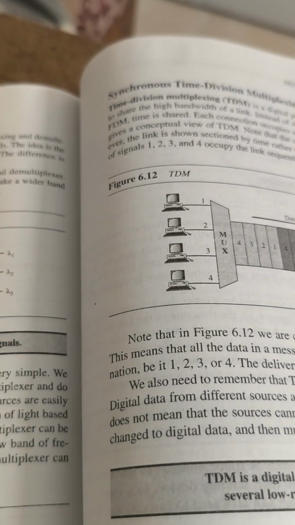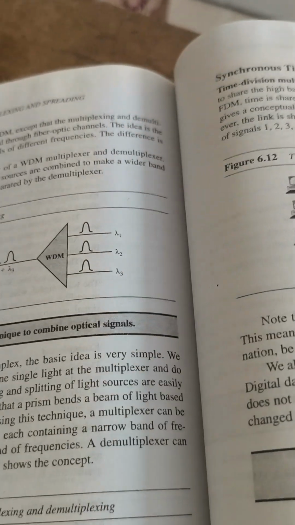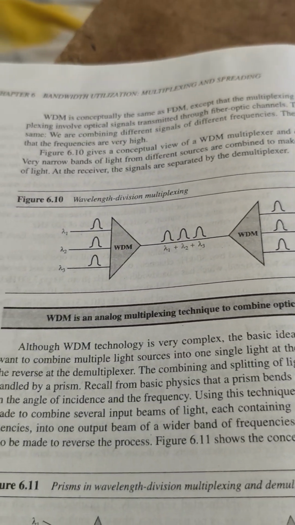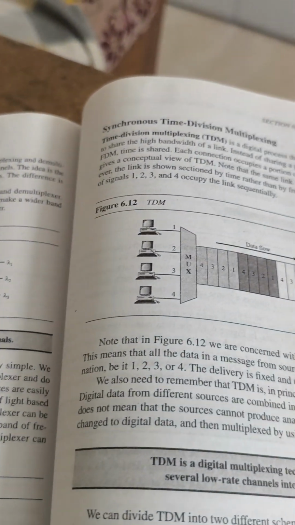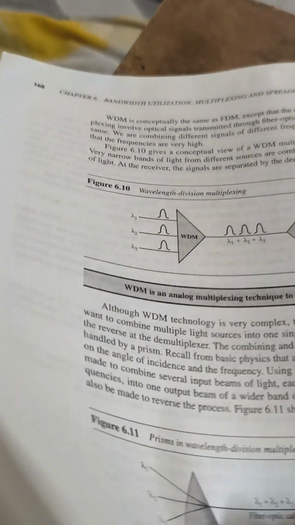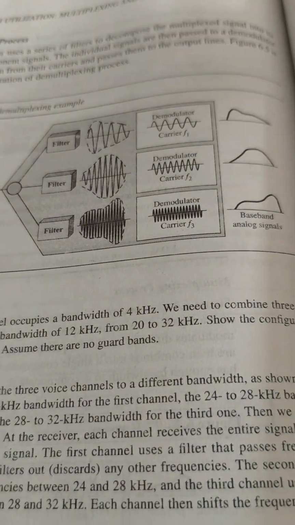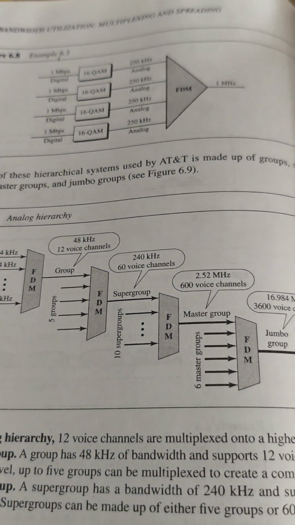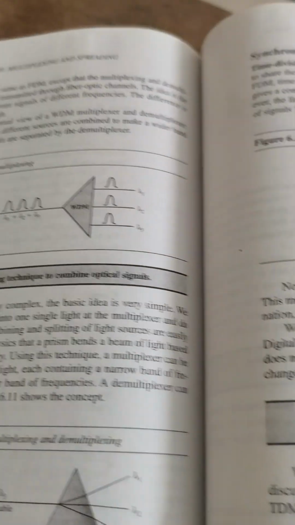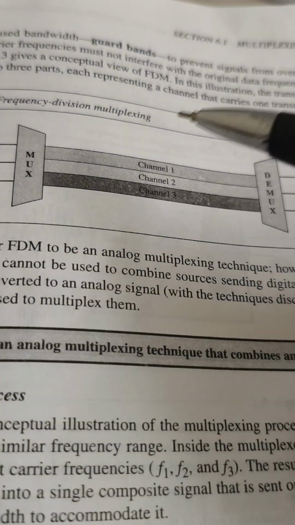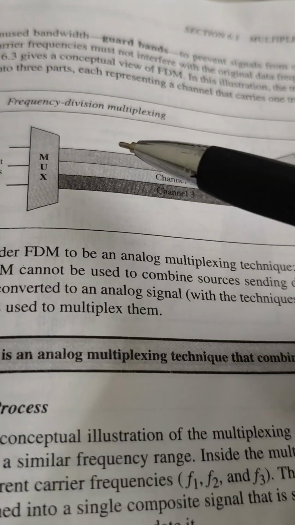So many techniques are there for how we do multiplexing: wavelength division multiplexing, time division multiplexing, and frequency division. In frequency division, we do not divide the time.